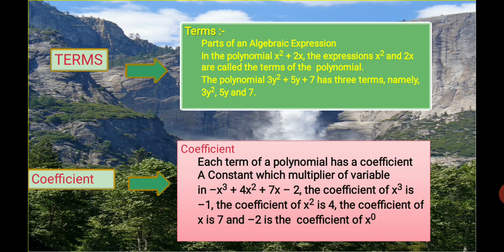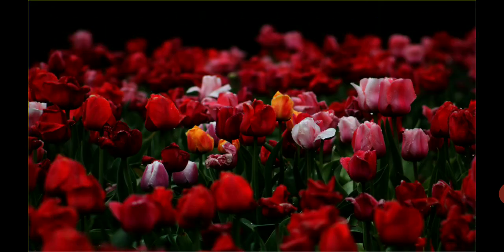Same for 2x, x is a variable and 2 is a constant, so 2 is the coefficient of x. Another example, minus x cube plus 4x square plus 7x minus 2. There are four terms. The first term is minus x cube, so the variable is x cube and the coefficient is minus 1. In 4x square, 4 is a constant and x square is the variable. 7 is a constant coefficient.